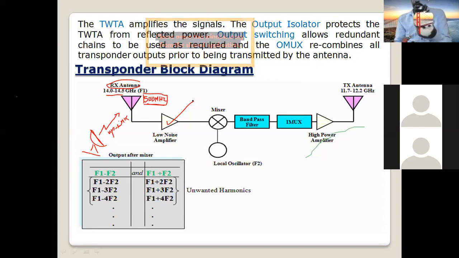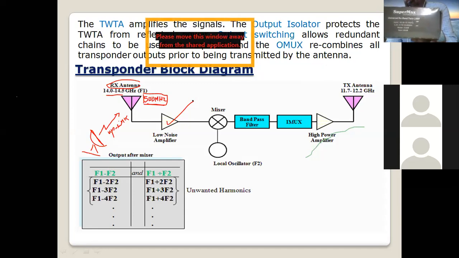This low noise amplifier device, if you can see here, it says what? It says gain how much? Can you see? Gain 60 dB, noise 0.6 dB.